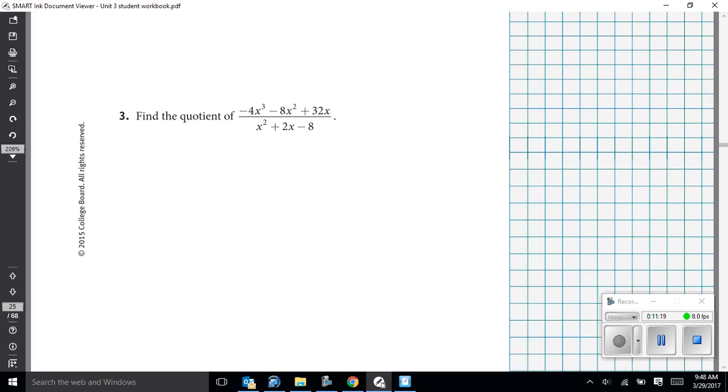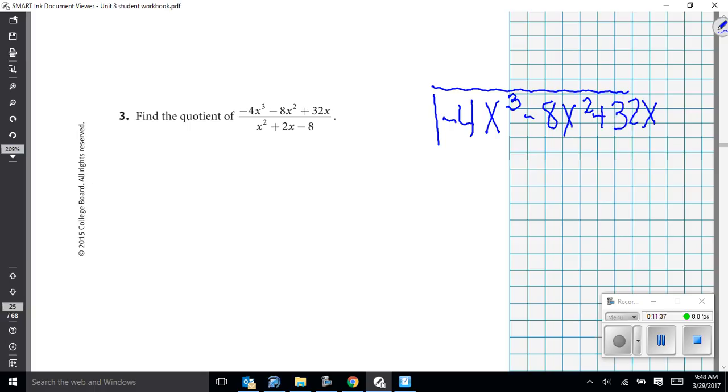So if we look at 3, find the quotient of, so we have, set it up. So what goes on the inside? Yep, so this is what's being divided. And this is what's doing the dividing.